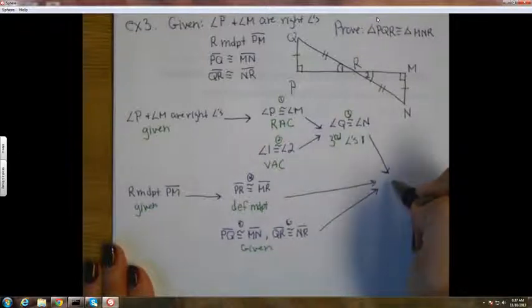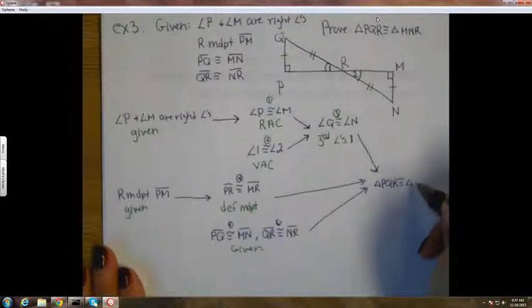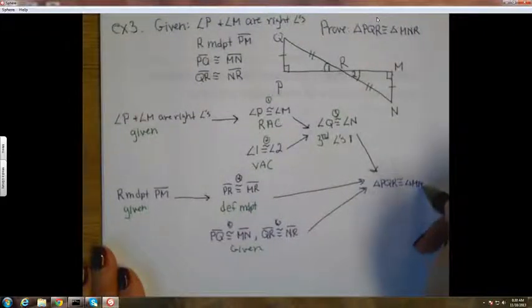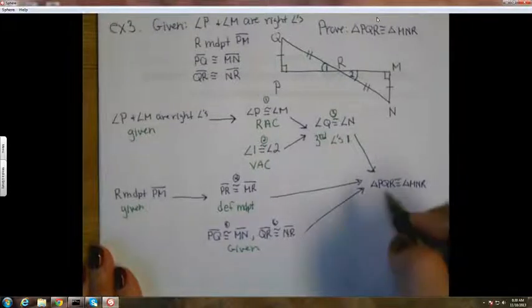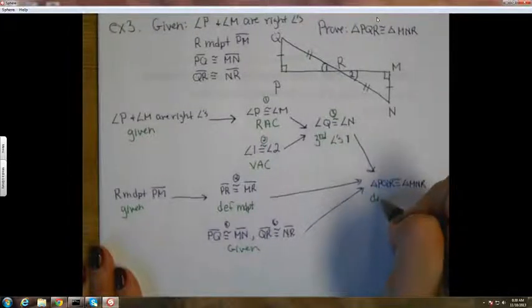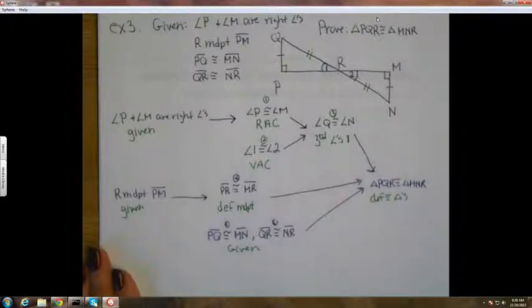Triangle PQR is congruent to triangle MNR by definition of congruent triangles. We got the 6 congruent parts. Once you get all 6 parts congruent, you can say the triangles are congruent.